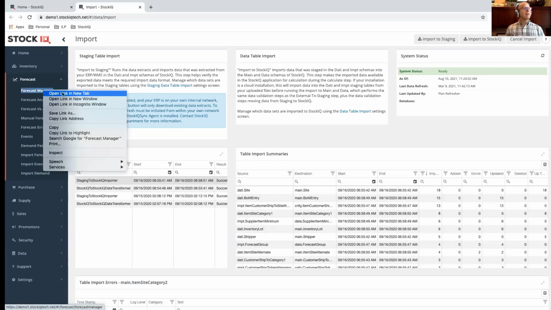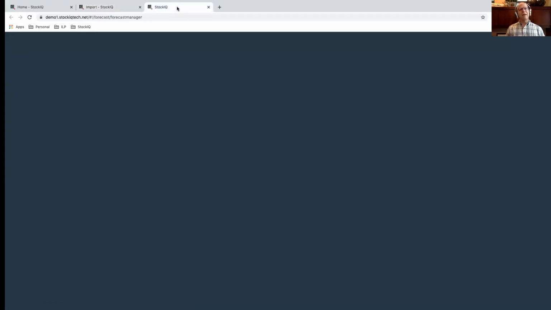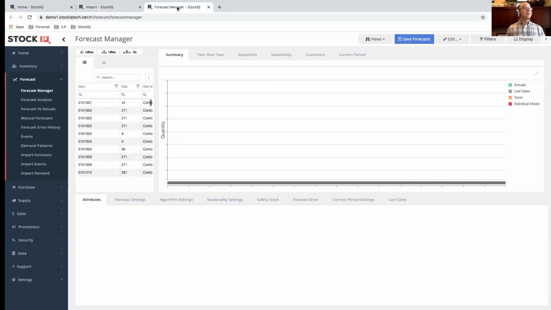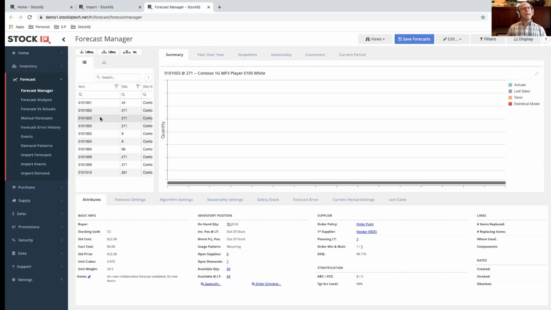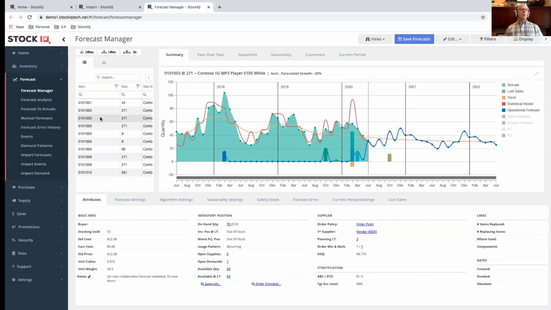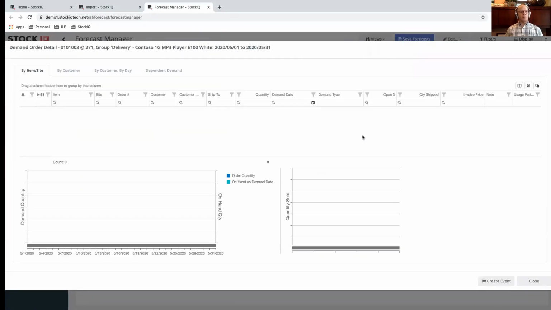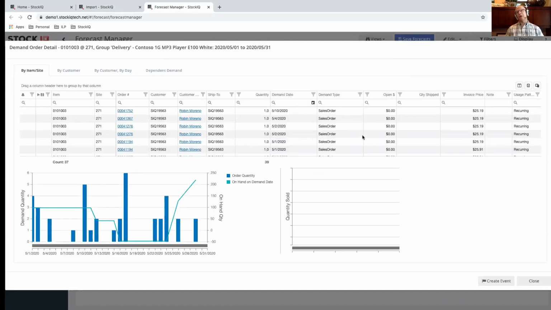If we think about calculations, they start by looking at a history of sales. So this is our forecasting manager. This is a primary screen that our clients would be looking at. Basically, when we're importing this data, we are looking for the most recent sales data. So this consists of all of that information coming from the ERP.